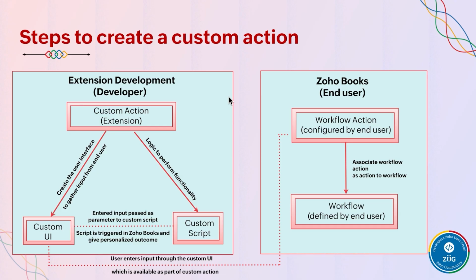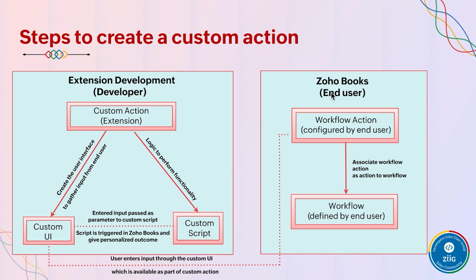slide. Ideally, the steps to create a custom action, as we saw now, as an extension developer, you create a custom action having a combination of a custom UI to get the personalized input from the end user and a custom script which will help you perform the logical functionality to get a personalized outcome. Once this feature is handled as an extension, that will be provided to the end user.